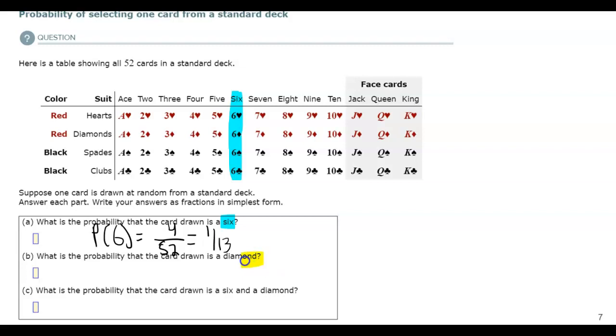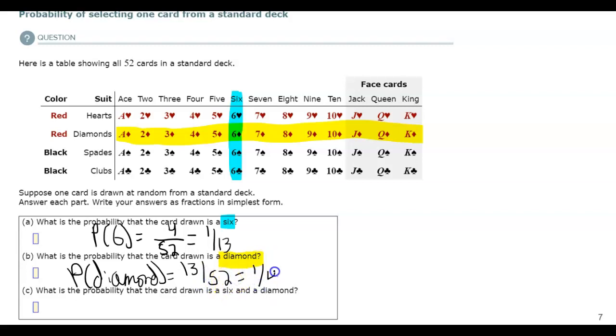This wants to know the probability of a diamond. So we can count how many diamonds there are. There's 1, 2, 3, 4, 5, 6, 13. A fourth of the cards are diamonds.